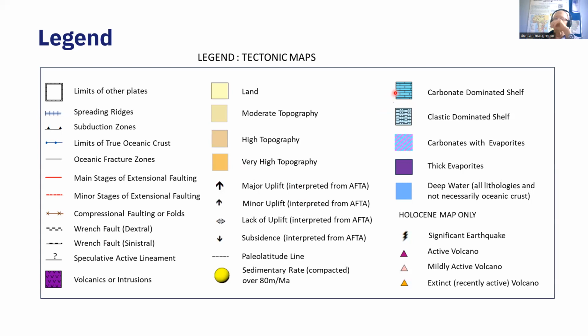The carbonates obviously suggest it's flat at the time. The clastics, if it's a wet climate, would suggest that there is some topography around, which would indicate that there's something going on tectonically. And finally, this is just deep water. You have to go to this line to get to the edge of the plates, which will be within the deep water polygon.